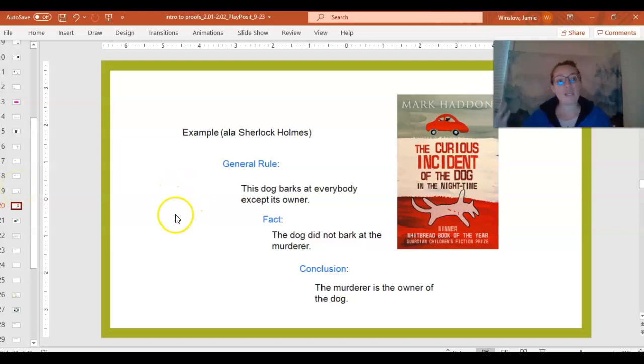If we look at it in reverse using deduction, we're saying this dog barks at every single person except its owner. So the fact that the dog did not bark at the murderer concludes the murderer is the owner of the dog. I know this is from a book, but it just goes to show how powerful deduction can be because we know it's true.